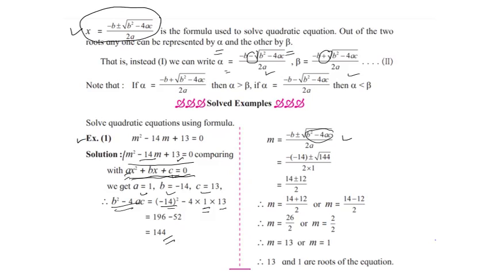So 14 plus minus 12 upon 2. Here we now get two roots. We can write m equal to 14 plus 12 upon 2 or m equal to 14 minus 12 upon 2. So 26 upon 2 and 2 upon 2. Therefore, m equal to 13 or m equal to 1. These are the roots of the given quadratic equation.